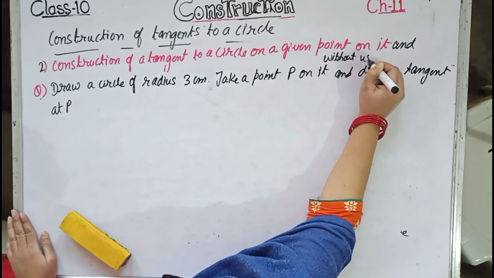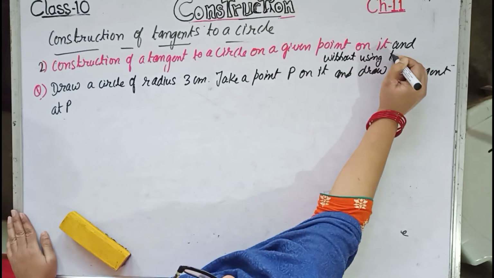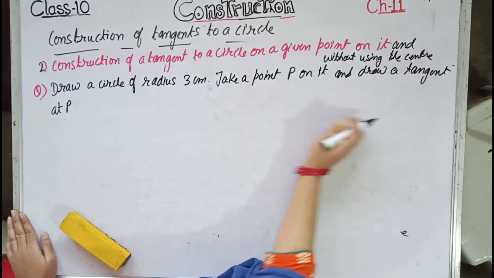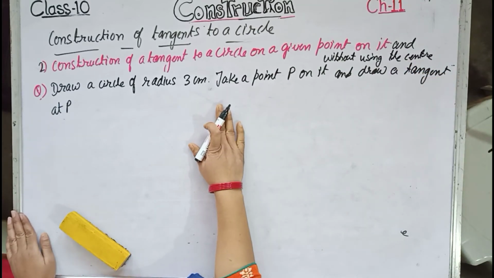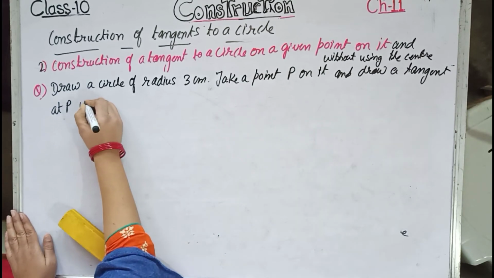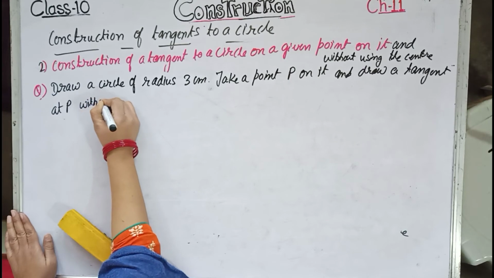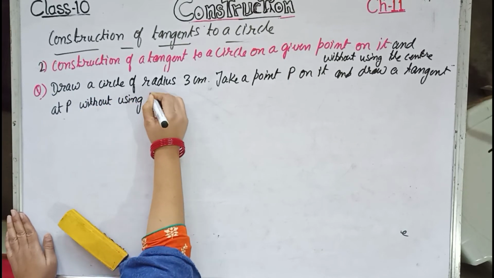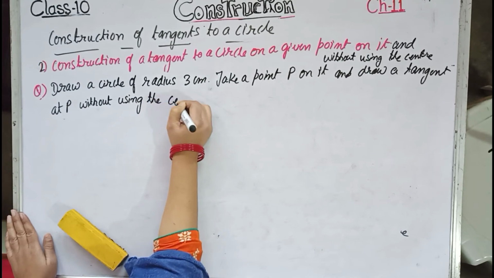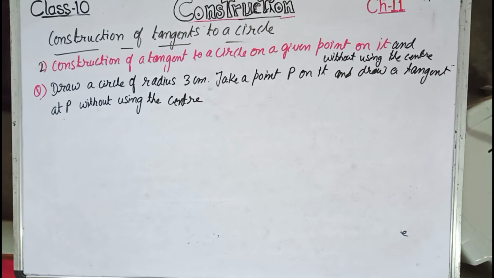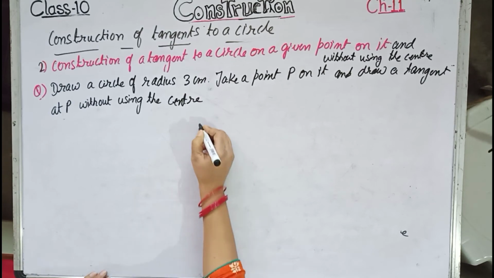Question: draw a circle of radius 3 centimeter, take a point P on it and draw a tangent at P without using the center. So we don't have to use the center over here. Means the concept that tangent is perpendicular to the radius, we will not be using over here.